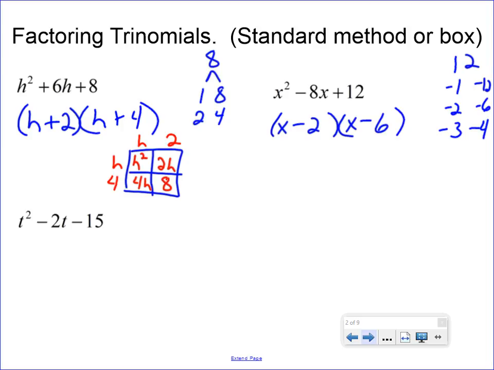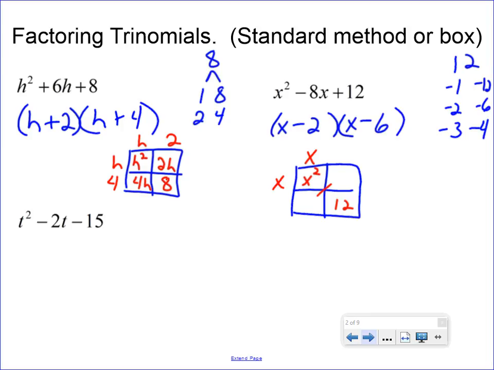Okay, likewise, I could have looked at this second one in a similar way. If I looked at the box for this one, I'd be thinking of an x squared and a 12 here. So I know I've got an x and an x. What two things multiply together to give you 12? But these two boxes have to add up to a negative 8.